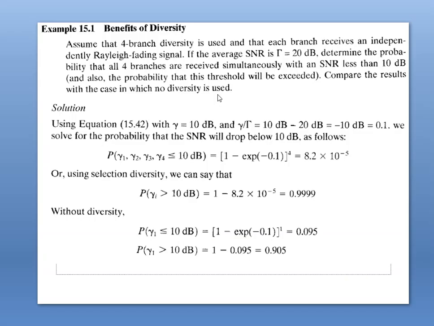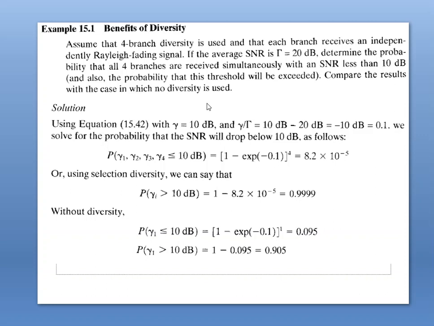We solve for the probability that SNR drops below 10 dB, as given in the problem. Based on the condition, the probability of gamma 1, gamma 2, gamma 3 and gamma 4 is considered. Why? Because there are 4 branches, so we need to consider gamma 1 to gamma 4. If it is 5 branches, consider gamma 5. If it is n branches, consider gamma n.